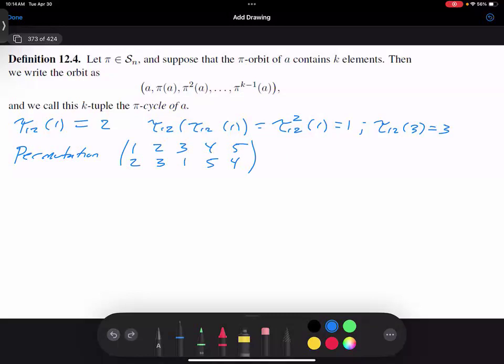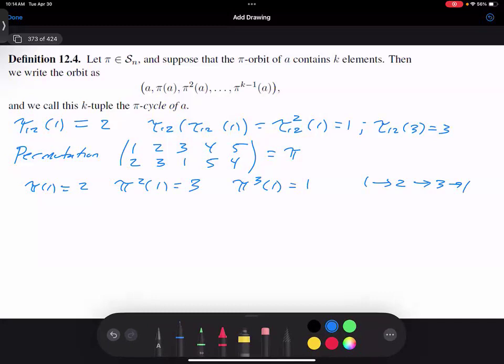So if we call this pi, what would pi of 1 be? That would be 2. What would pi squared of 1 be? 3. What would pi cubed of 1 be? 1. So we get 1 goes to 2, goes to 3, goes back to 1.